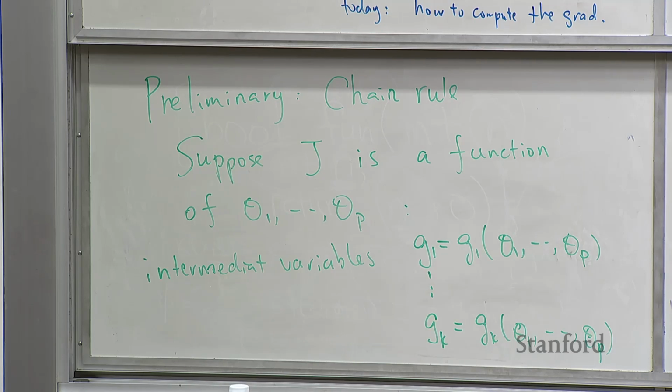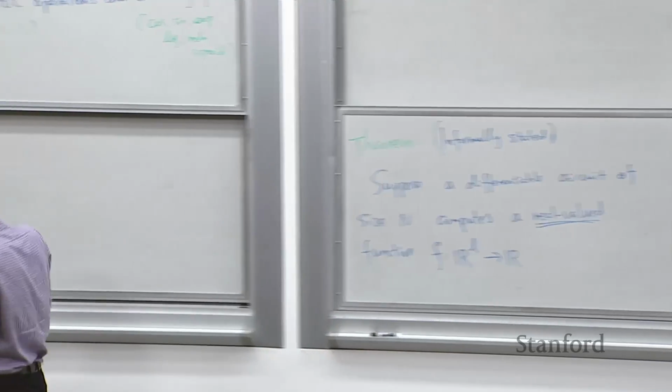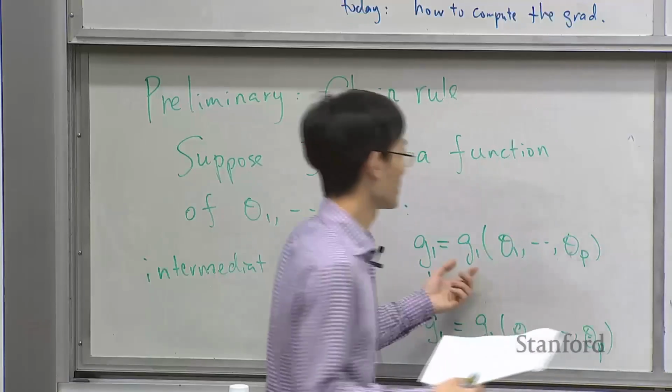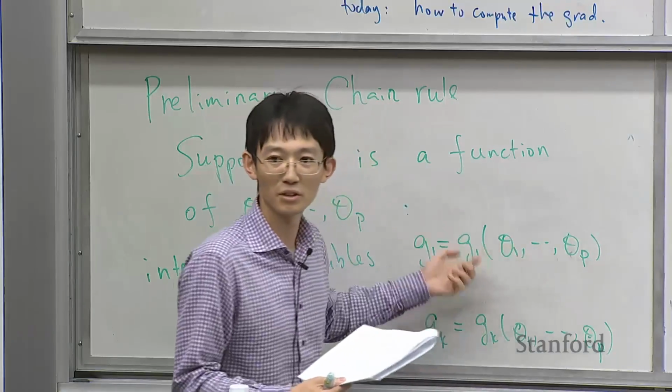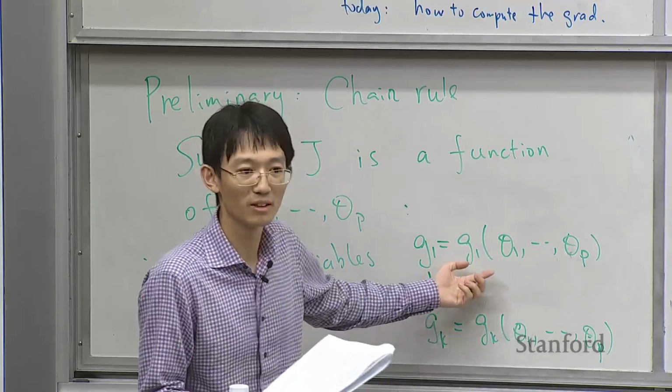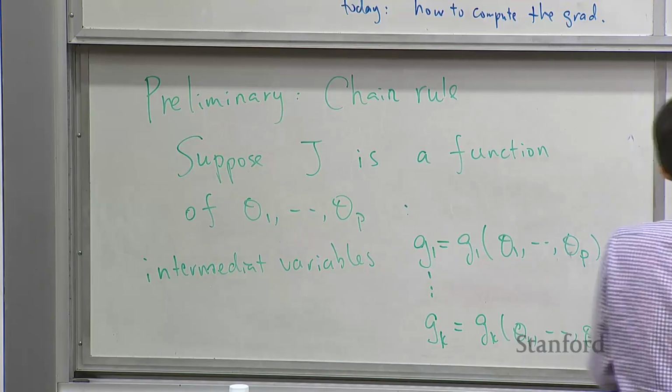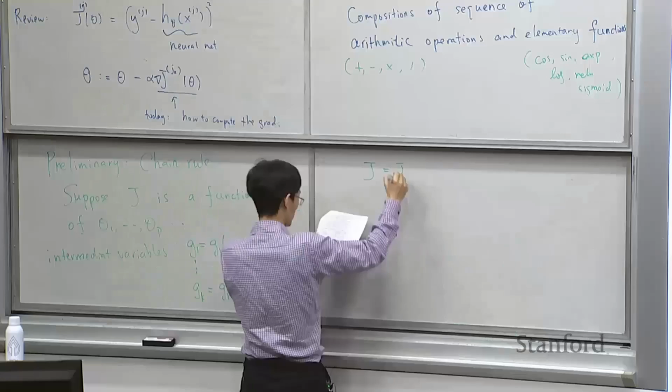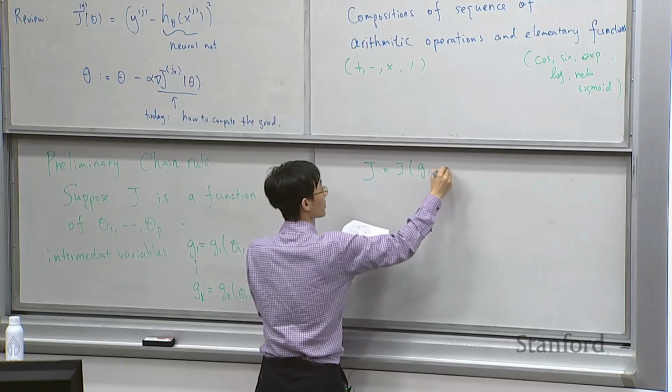Does it make sense? Since I don't necessarily care about exactly what the function is, I'm just going to give it a name, the same as the variable. And then your J is a function of these intermediate variables.